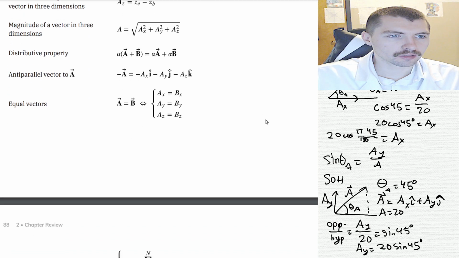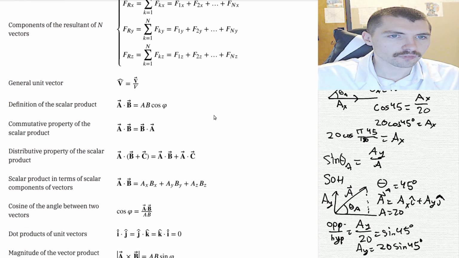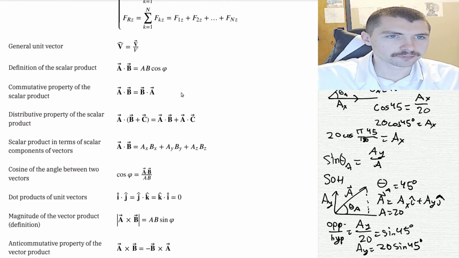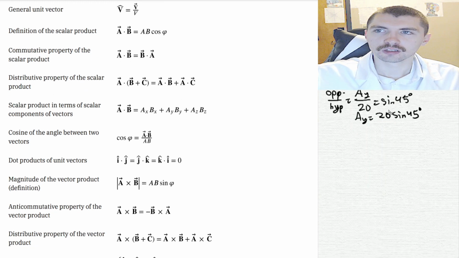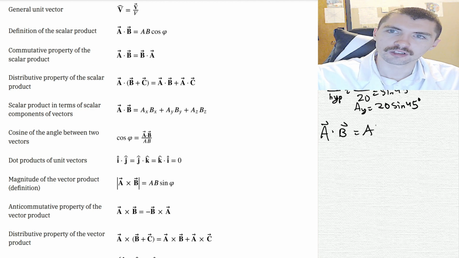All right. If they're equal vectors, all the components are equal. If you need to find the unit vector, you take the vector divided by the magnitude of itself. So the book is really insistent on A dot B equals AB cosine phi.